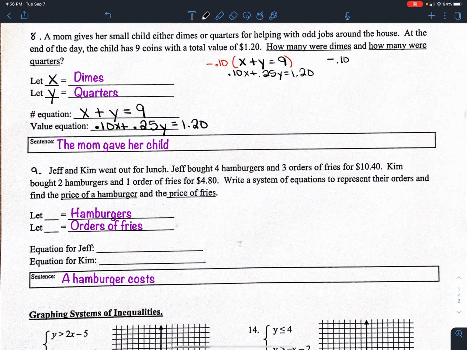Okay. So then I will have negative 0.10x minus 0.10y equals 0.90. Now the second equation I do not need to change at all because I want those x's to eliminate.